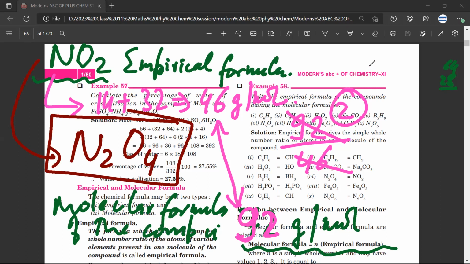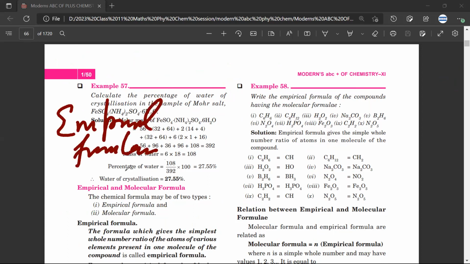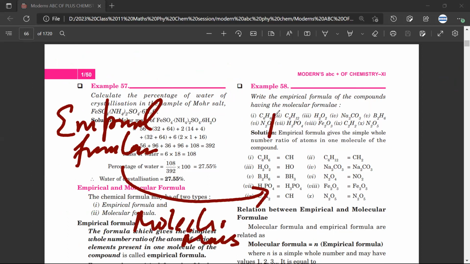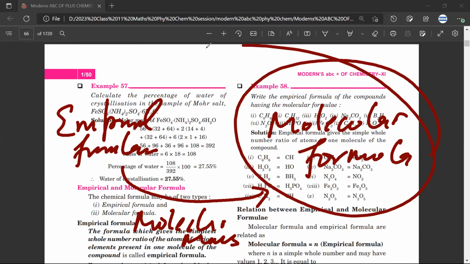So what we have understood in the past 10 minutes is that I have the empirical formula. I am given the molecular mass. Using this information, I can derive the molecular formula. Is it making sense? Yeah. Okay.